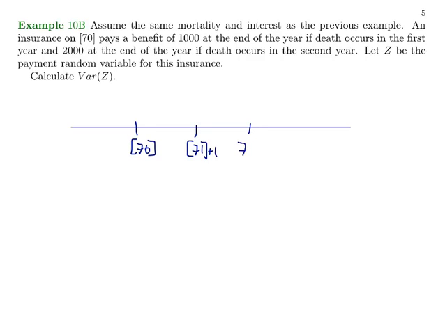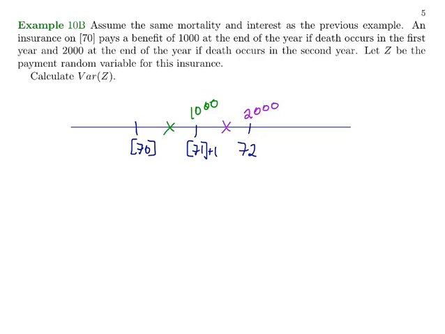Okay. And this insurance pays a benefit of 1,000 at the end of the year if death occurs in the first year. So, well, if he dies here, he gets 1,000 there, and if he dies here, he gets 2,000 at the end of the year, and otherwise he doesn't get anything.